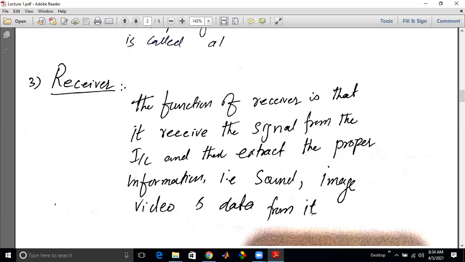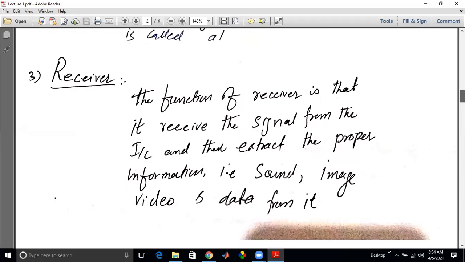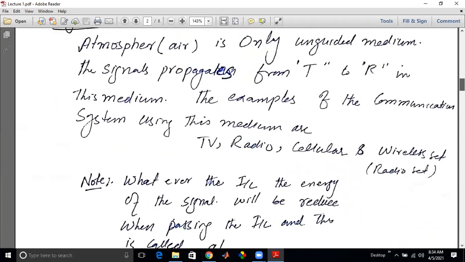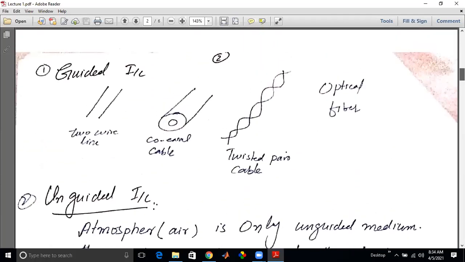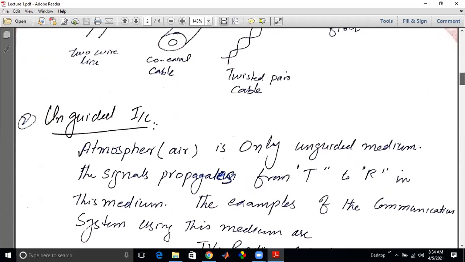So the receiver will receive the signal from the information channel and then extract such information from your signal. So these are the main three blocks of a communication system.